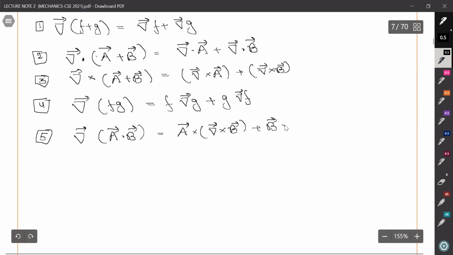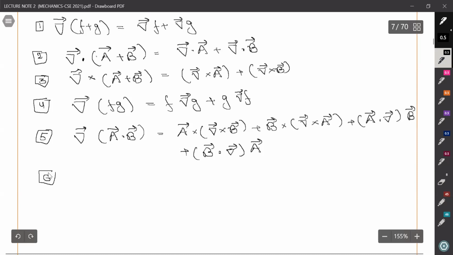Plus b vector cross gradient a plus a dot nabla b plus b. Okay, the sixth one, this is the dot product, this is the scalar function, this is the vector function.